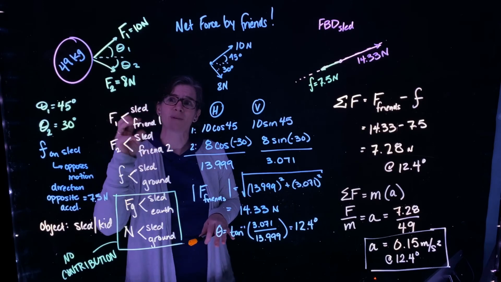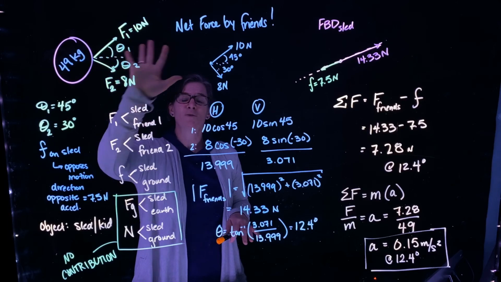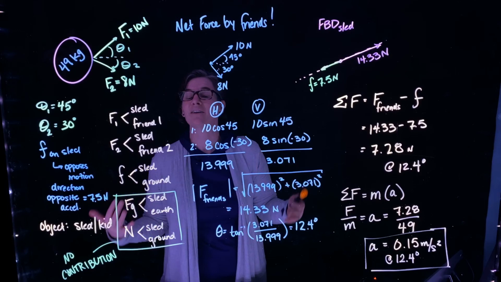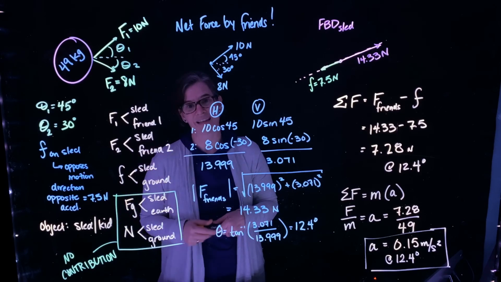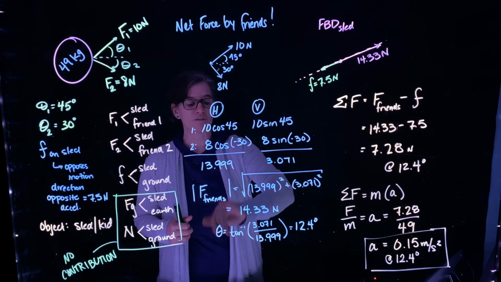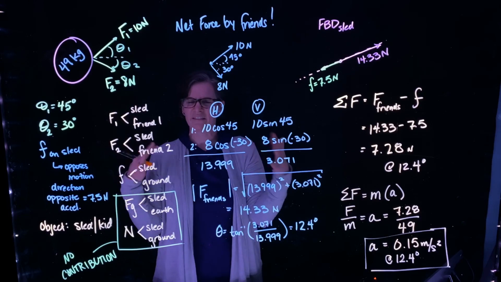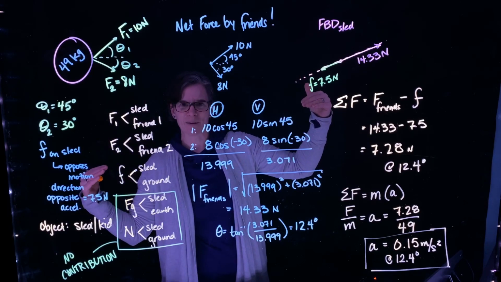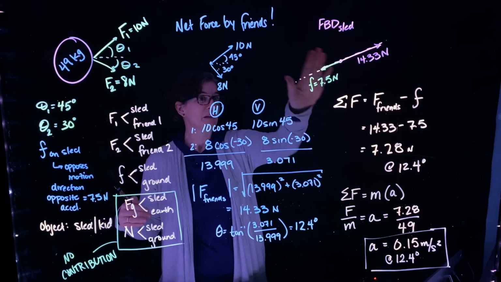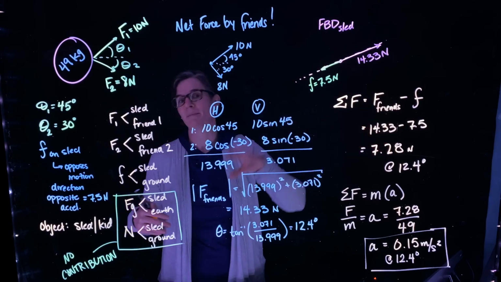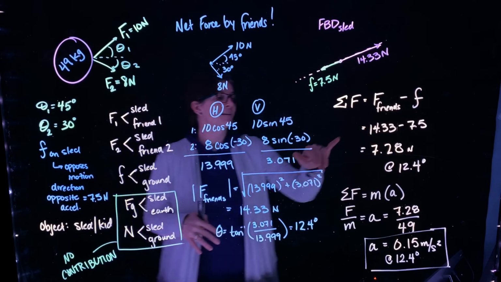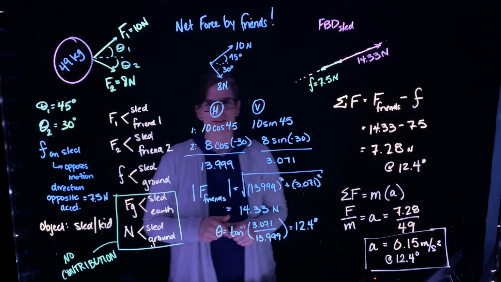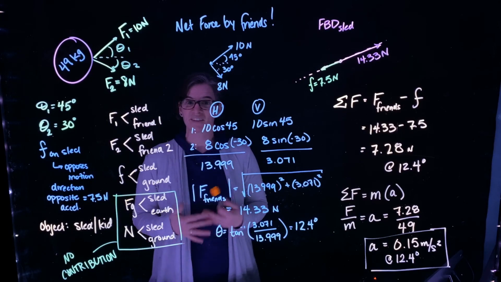So I first have to recognize that it's the net force due to these two external forces that's going to provide me the information about the angle at which the motion of the sled is going to happen. So I can find that net force by the friends and its angle. And then I can visualize this as two opposing forces, one pulling, friction pulling in the opposite direction. Look along that line as a single dimension Newton's second law problem. Getting that net force, which allows me to get the acceleration at the angle that the object is moving. All right, good job.